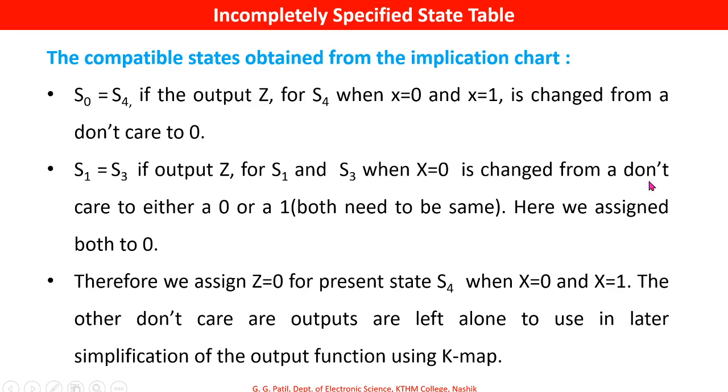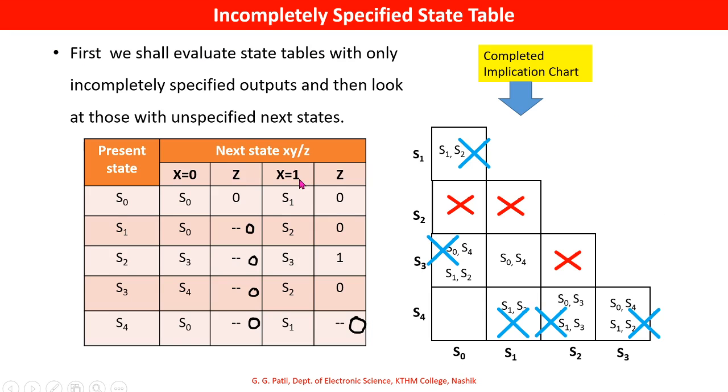The explanation of that state table and implication chart is described here. S0 is compatible to S4 if z for S4 when x equals 1 is changed from unspecified to 0, that is written here, or under input x equals 0, output z is 0.